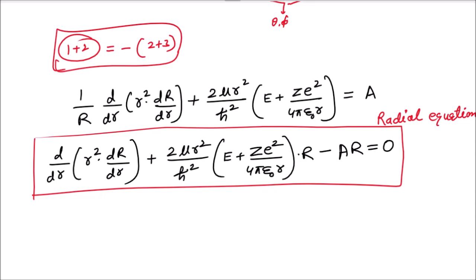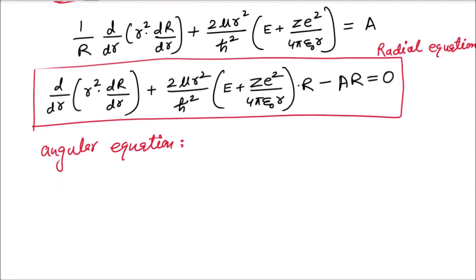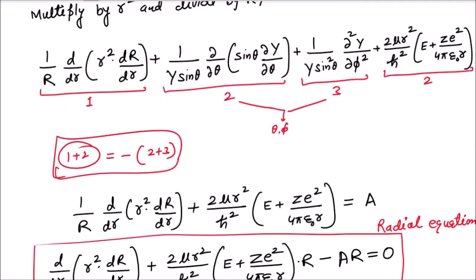Now the angular equation. In the angular equation, you know, the second and fourth term, what was that? 1 upon Y sine theta, partial differential with respect to theta of sine theta, and 1 upon Y sine square theta, this whole term, okay.